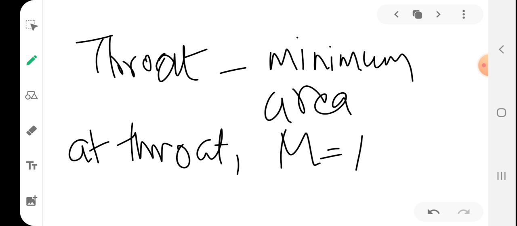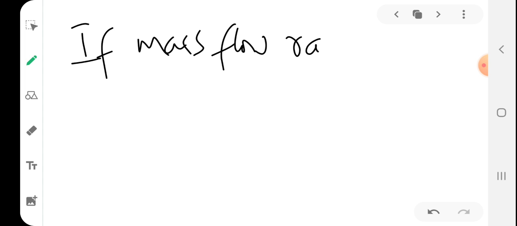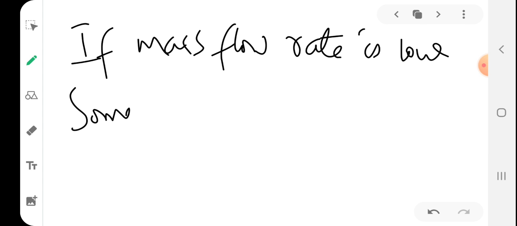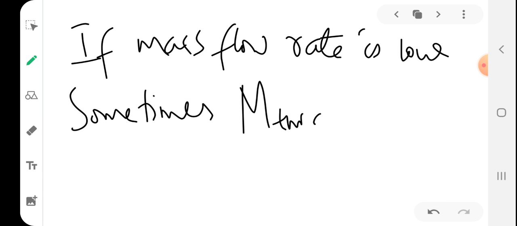In the case of a nozzle, if the mass flow rate is a little bit low, then the Mach number at the throat can be less than 1.